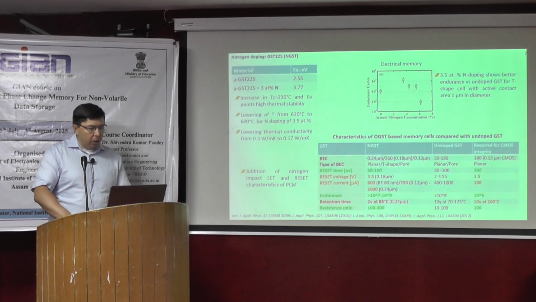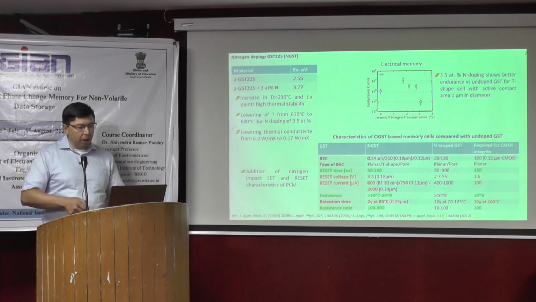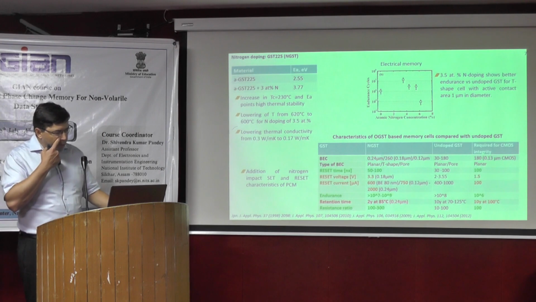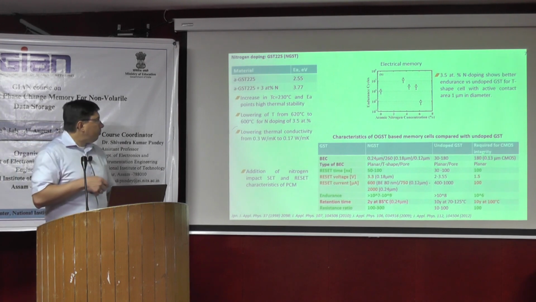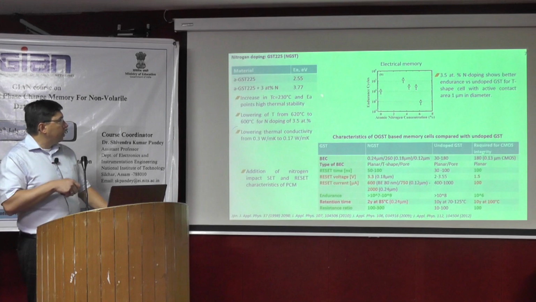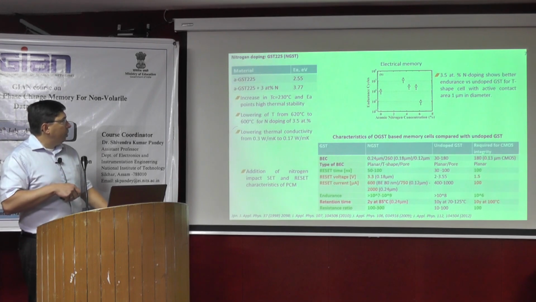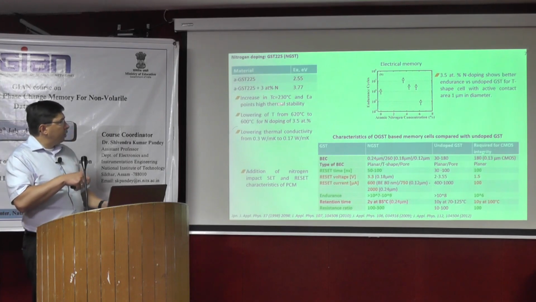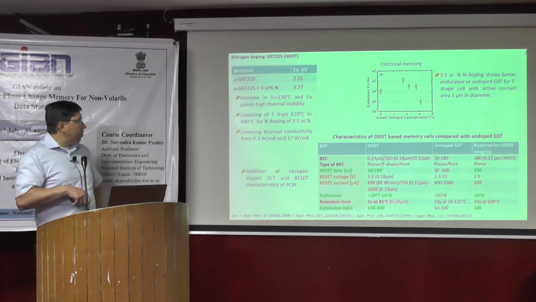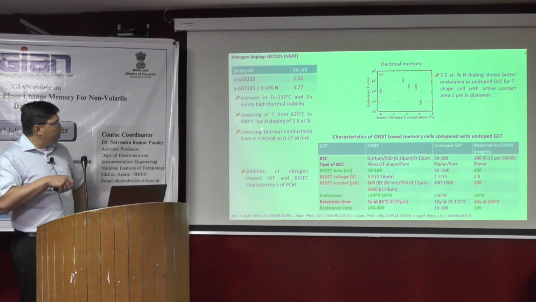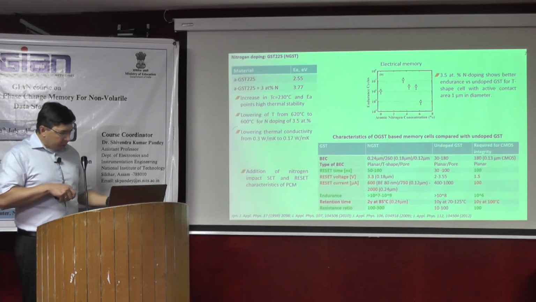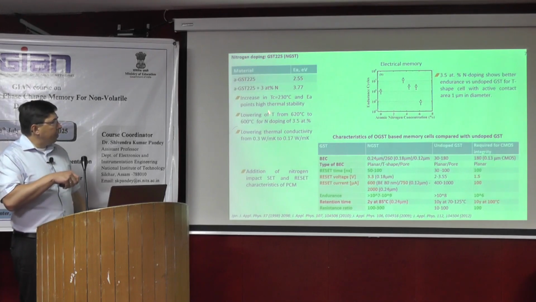So now let us also look at some material parameters and some device performance. The increase of Tc we know already, and the energy for crystallization, so it shows high thermal stability. Although different publications show slightly different results, overall this is a huge improvement of crystallization temperature. But nitrogen also lowers the melting temperature.